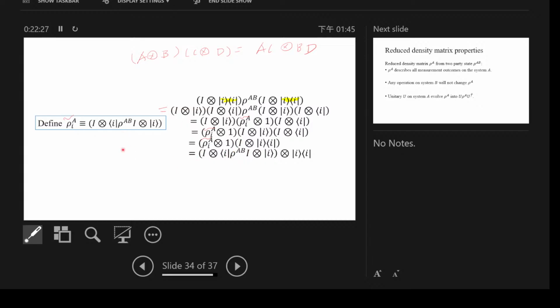And I guess here we overuse our notation a bit, so we say it's also this thing tensor identity. So this becomes row I tilde in front, tensor this projector onto I on the second register. Okay, so this is how you do this carefully.